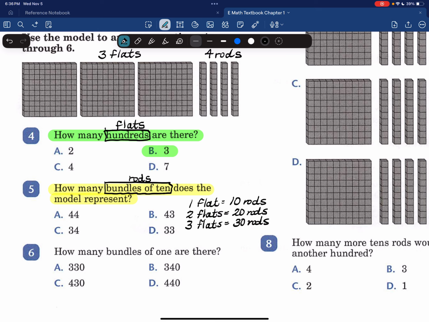So if I take the 30 rods that are in those flats plus the 4 rods that are in the picture, how many rods do I have in all? I have 34. There are 34 bundles of 10 in that picture.